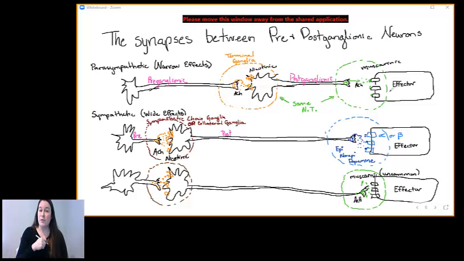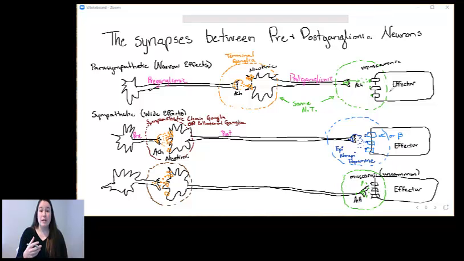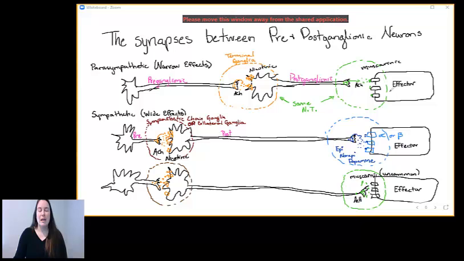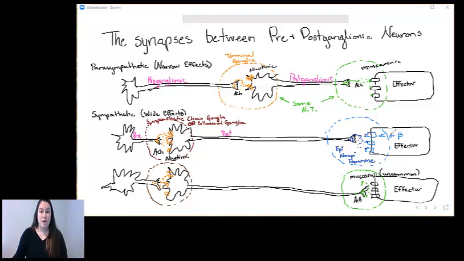It could be useful for you to go to your flow chart that was provided that allows you to look at the organization of these tissues, and you may find alpha 2 receptors in places, or a nicotinic receptor found in a junction between a preganglionic neuron and a postganglionic neuron, NM, or alpha 2s found between the postganglionic neuron and the effector of the tissue. Check it out. Could be useful.